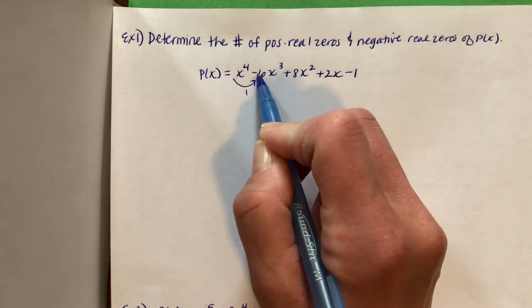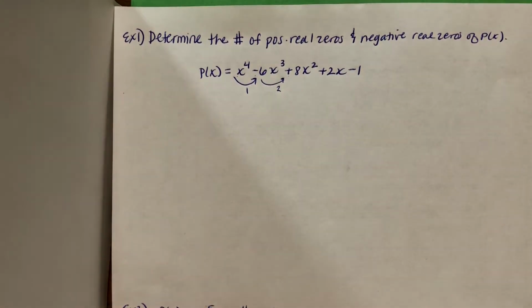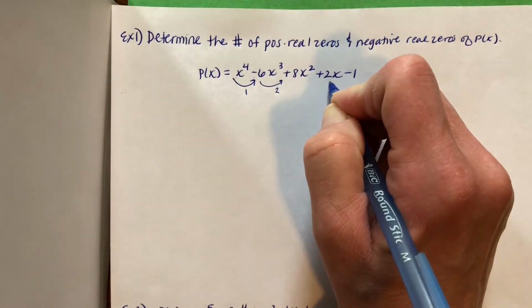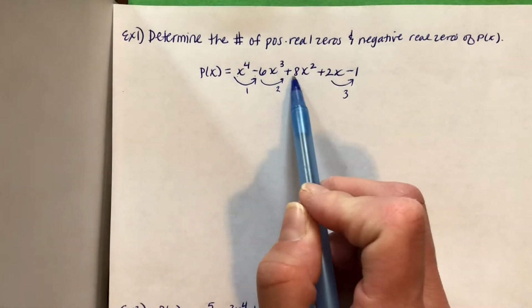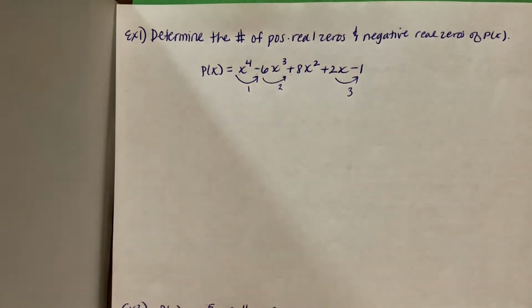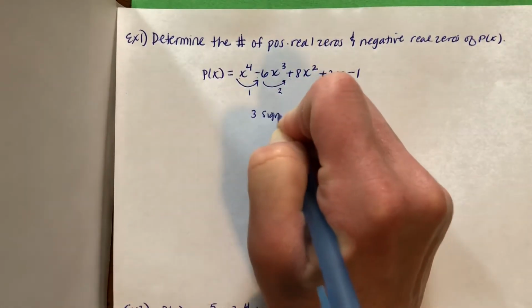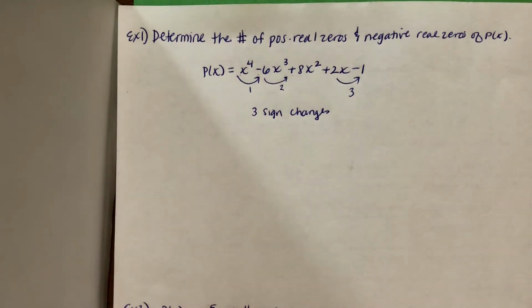And then we're going from negative to positive, so that's another sign change. And then we're going from 2x to -1, so that's a third sign change. I didn't do anything in here because we're going from positive to positive. So 3 sign changes is what we have here in p of x.